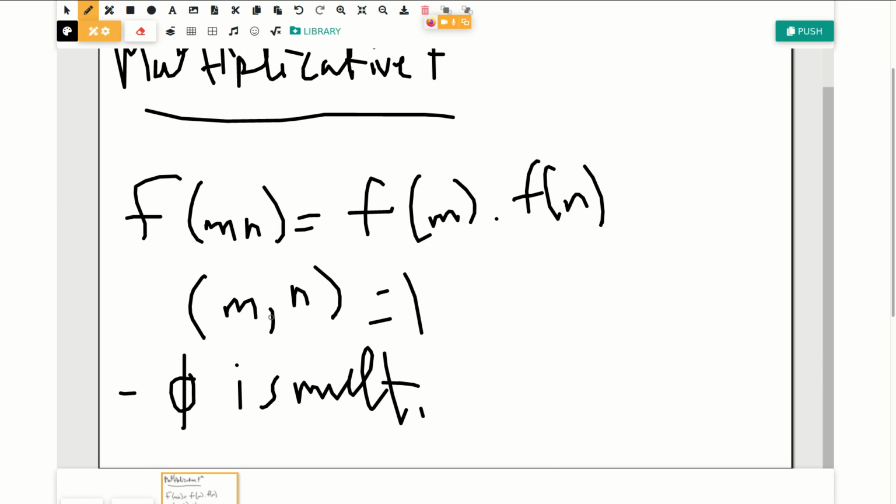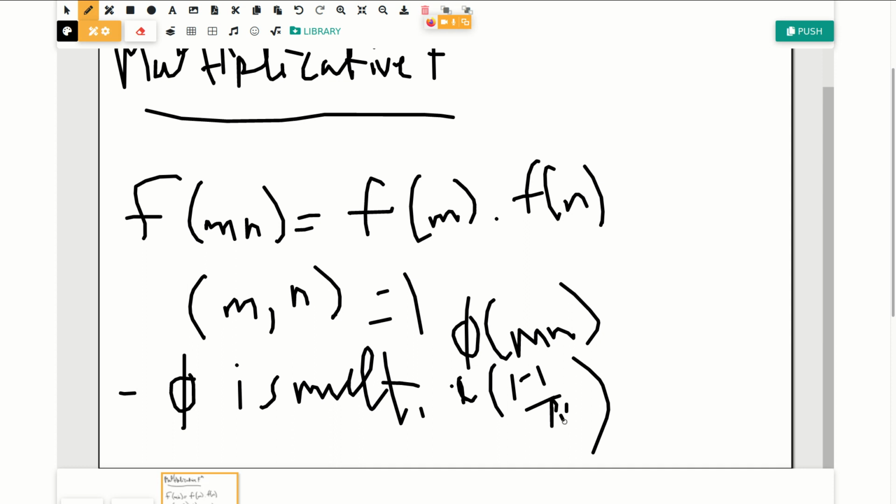Remember the condition: when we talk about multiplicative functions, we always consider numbers which are co-prime. If two numbers are co-prime, they definitely don't share a prime factor among them. So if you want to calculate phi of mn, phi of m is equal to m times the product of 1 minus 1 by pi over its primes pi, and m and n won't be sharing any of the pi's.